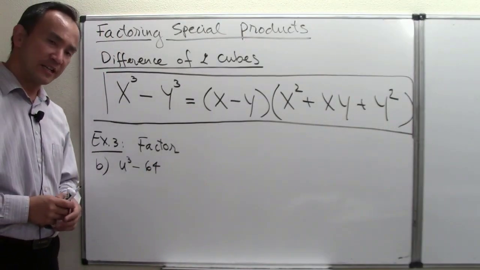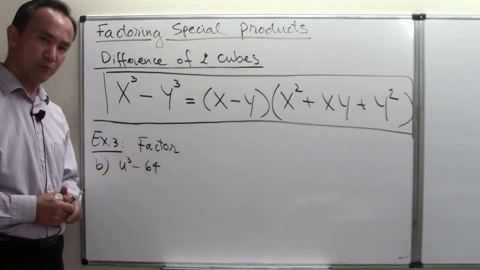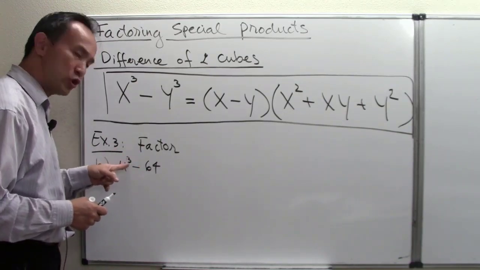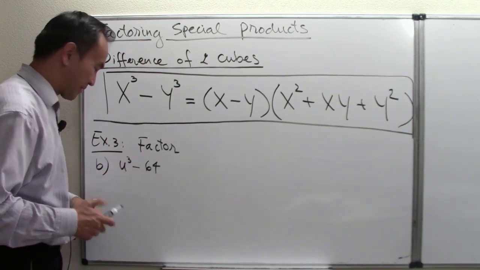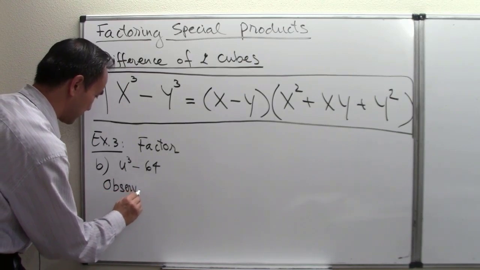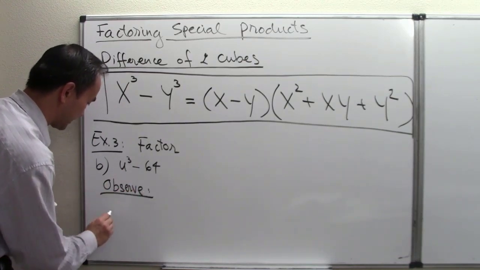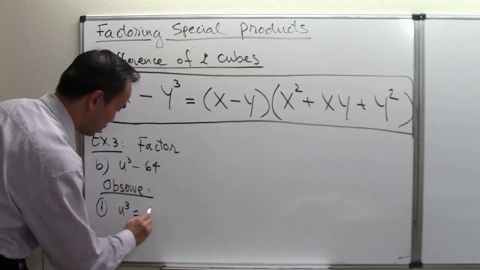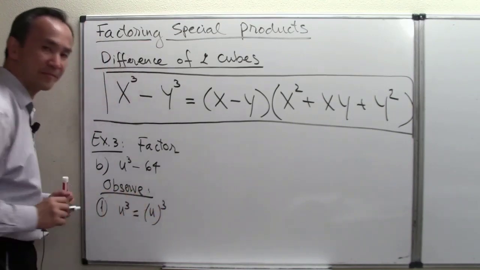Let's now look at another problem in our current example. So part B of example 3, let's look at u cubed minus 64. Again, I'm observing the terms of my polynomial. I recognize that the first thing, u cubed, is a perfect cube, u all cubed.